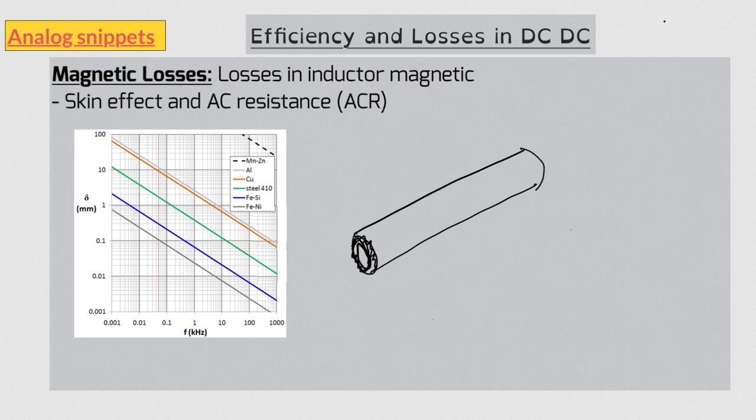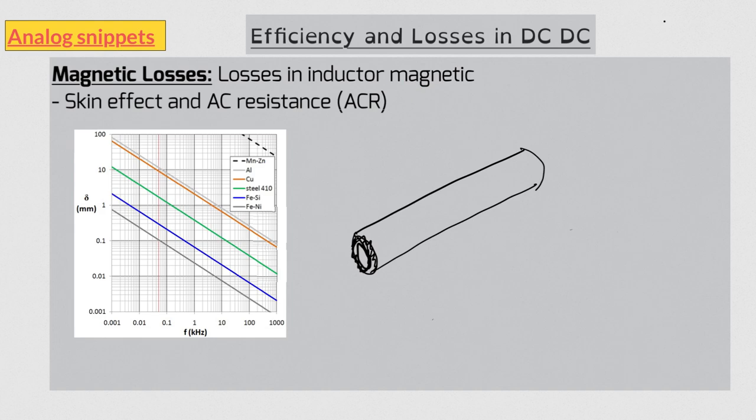Typically, ACR can be several times higher than DCR. And again, you can use either hand calculation or script or a SPICE model to account for this loss. By the way, this skin effect is caused by eddy current flowing in the wire. In the interest of time, I'm also leaving the proximity effect out of this video. Proximity effect is also an AC loss and its effect is modeled into ACR.